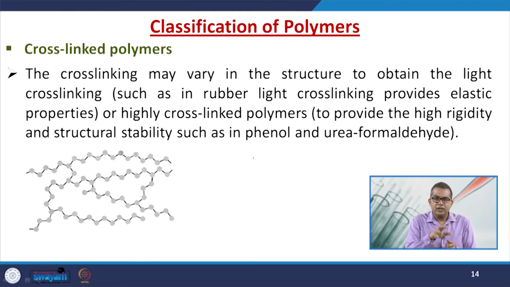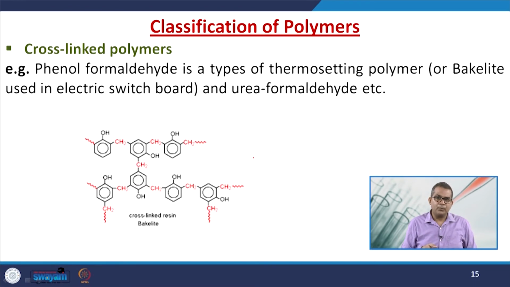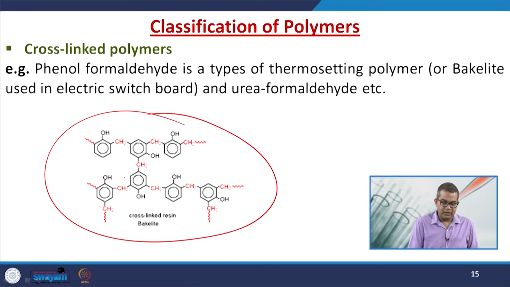So based on the variety, based on the requirement, you can develop these kinds of cross-linked polymers. Another example is bakelite, which we were discussing. They are heavy molecules linked together with the help of a linking agent. Sometimes phenol formaldehyde, again the best type of thermoset polymer, is referred to as bakelite.